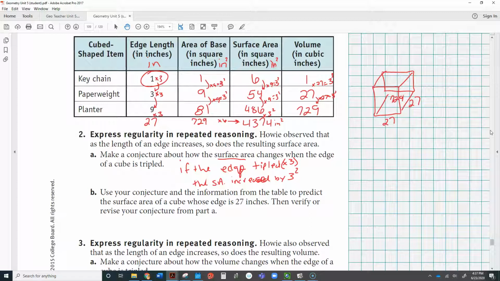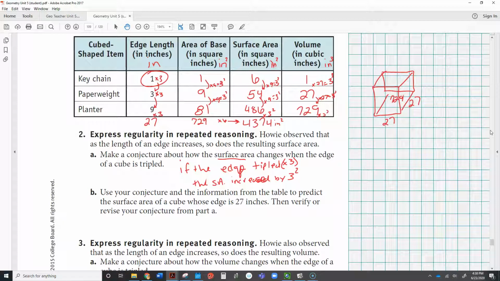Now, what is the unit for volume? Inches cubed. That's going to be your clue. If you change inches by 3, then you're going to change the one that has inches cubed by 3 cubed. That's just a very simple reminder. So if this one right here is 27, then this one is going to increase by 3 cubed.